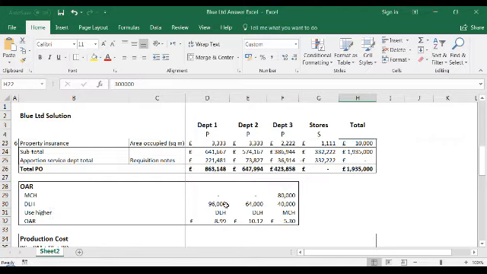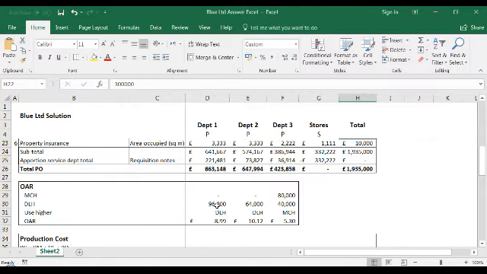So in this case, we have got the direct labor hours because we are not given machine hours. So the assumption is that these 2 are labor intensive, therefore we will use labor hours. In this case, we have been given both machine hours and labor hours, and we can clearly see that machine hours are double the labor hours, so this is machine intensive. Therefore we will use machine hours.